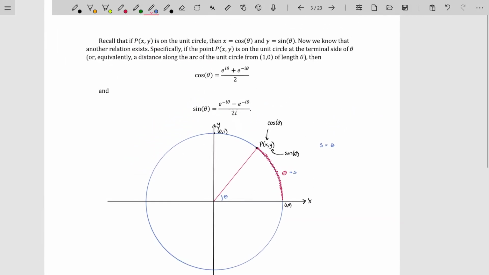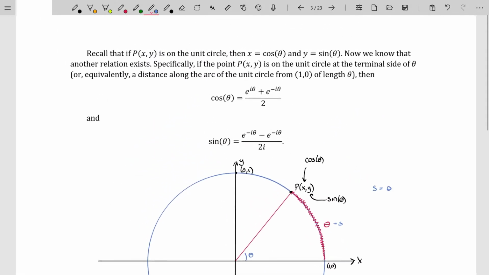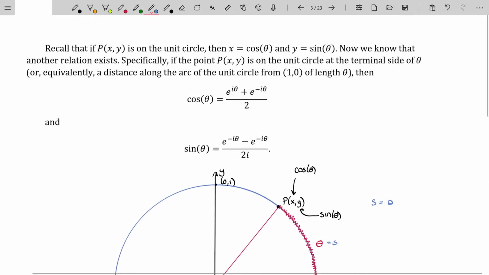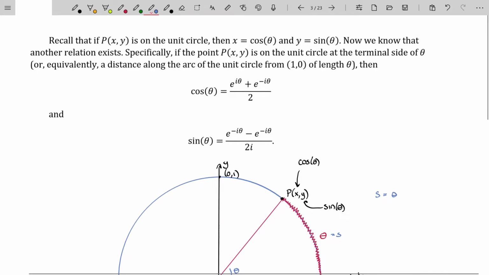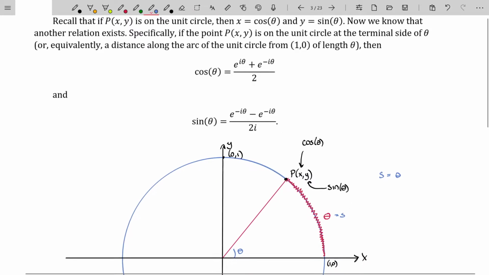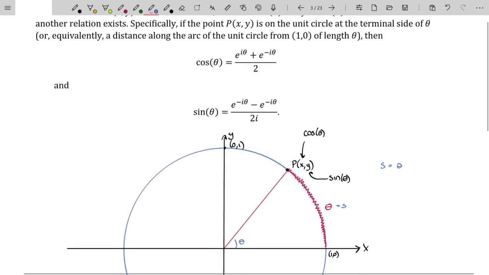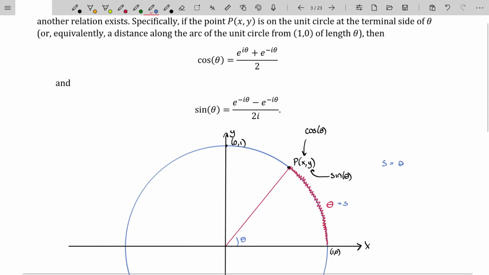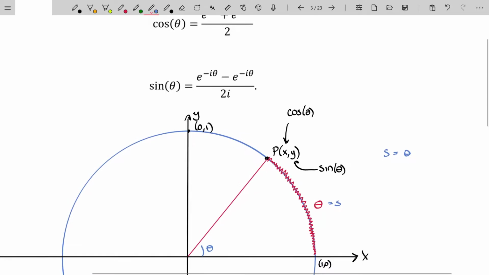So anyhow, now that we know that another relation exists. Specifically, if the point xy is on the unit circle at the terminal side of theta, or equivalently a distance along the arc of length theta, then the cosine of theta is defined to be, or can be turned into, I should say, e to the I theta plus e to the negative I theta over 2.